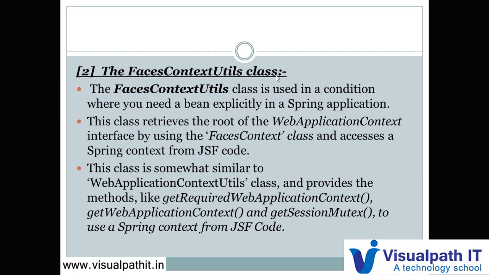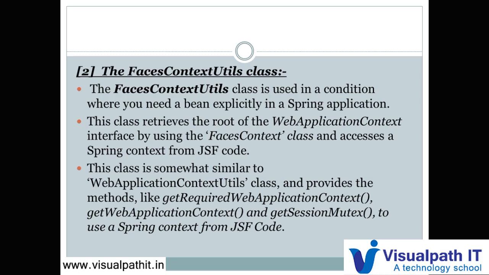Next is the FacesContextUtils class. This is used in a condition where we need to specify the bean explicitly in a Spring application. What this class does is retrieve the root of the web application context. As we all know, WebApplicationContext is an interface. By using the FacesContextUtils class we can access the Spring context from the JSF code.